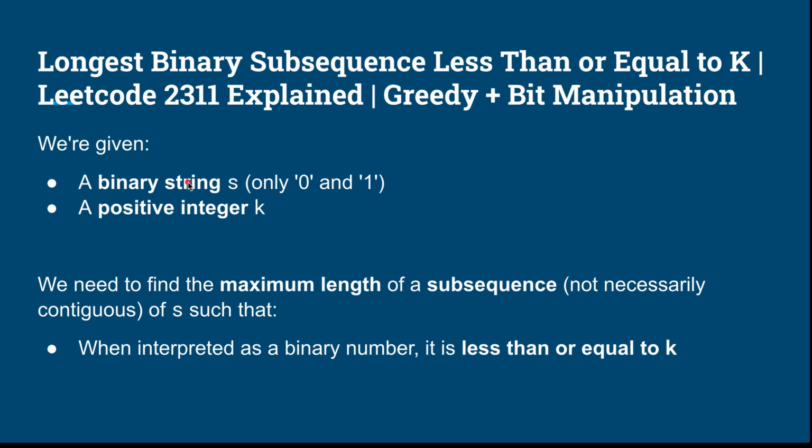We want to pick characters from the binary string without changing the order, because we have to find a subsequence, and in a subsequence we cannot change the order. To form a binary number less than or equal to k, we want the length of the longest such subsequence. So we need to find the longest length of a subsequence, not necessarily continuous, such that when interpreted as a binary number, it is less than or equal to k.